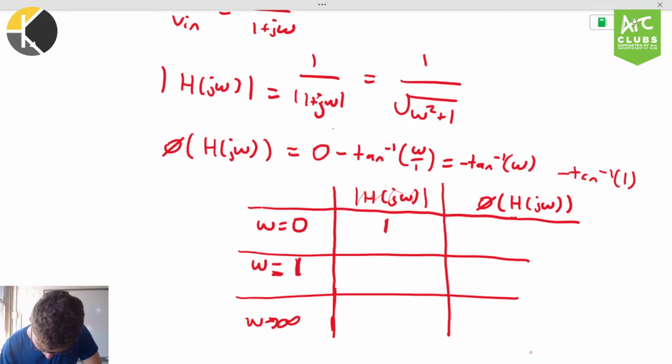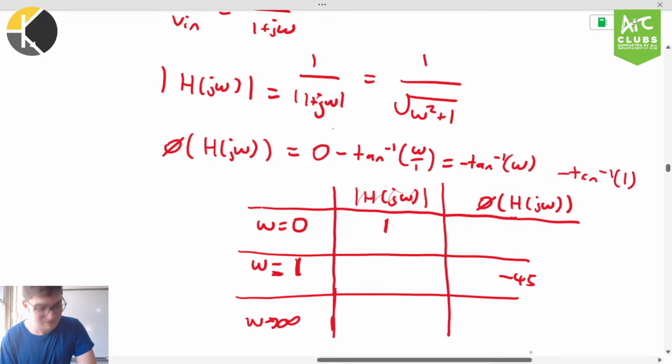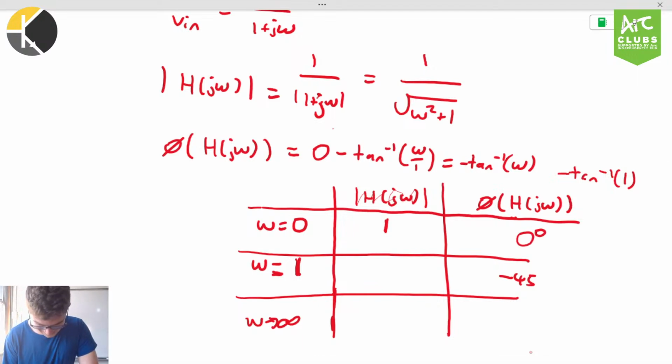That's correct. It's not 40. Negative 45 degrees. Okay, let's do the next ones. Oh yeah, sorry, I put it in the wrong thing. Sorry, minus arctan of 0. Must be 0. Yeah, nice.